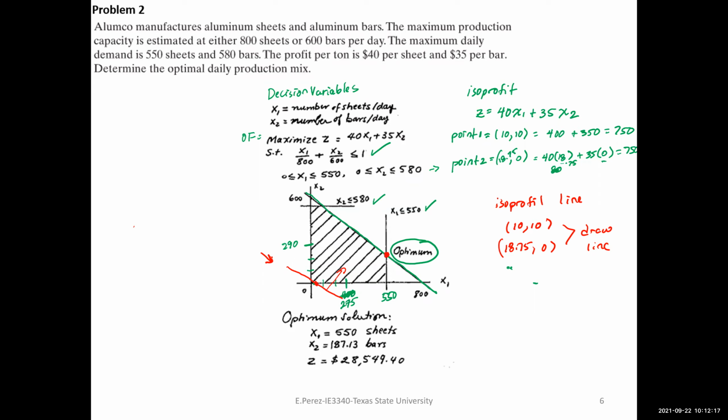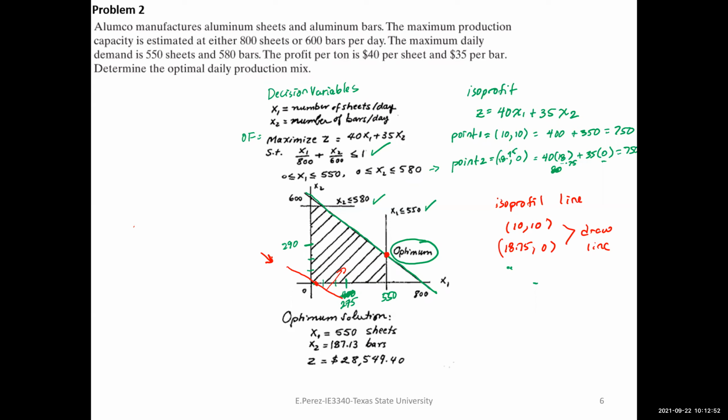If you use your manufacturing plant only to produce aluminum sheets, you will be able to do 800. If you use your production plant just to produce bars, then you'll be able to produce 600. So the question is, what fraction of the plant, or how many of each will you be producing to make sure that you use 100% of your plant capacity?